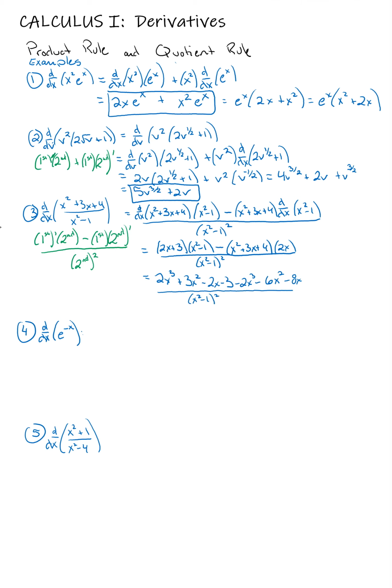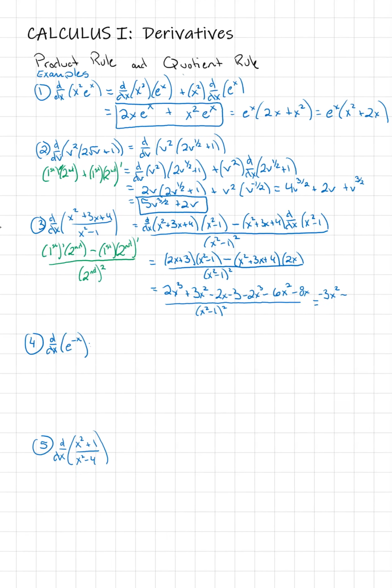And it looks like we can combine some things. The 2x cubed and the negative 2x cubed combine to give us 0. 3x squared and negative 6x squared combine to give us negative 3x squared. Negative 2x and negative 8x will combine to give us negative 10x.